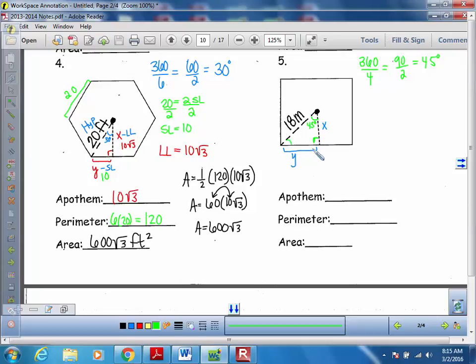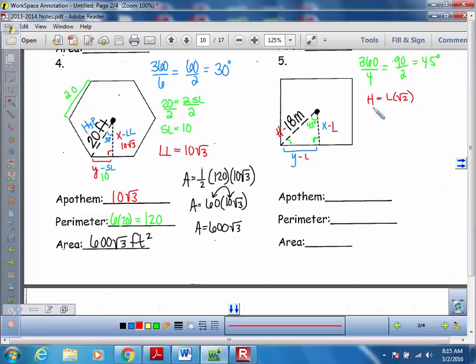So we have a 45, 45, 90 triangle. So that means that x is going to be a leg and y is going to be a leg. Remember, there's no short leg or long leg in 45, 45, 90 because both of my legs are always the same. Then 18 is my hypotenuse. So the formula for finding leg or finding hypotenuse is hypotenuse equals leg times the square root of 2.